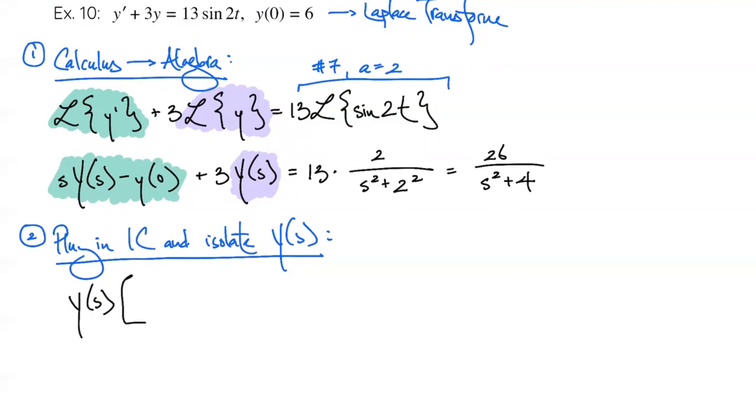And if I factor that out of these two, I'm going to have s plus 3. And then minus, instead of y of 0, I'm going to put in a 6. And all of that equals 26 over s squared plus 4.